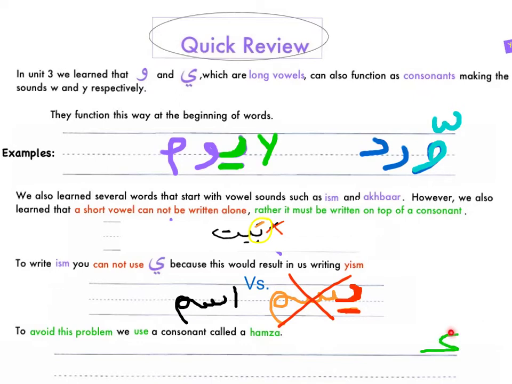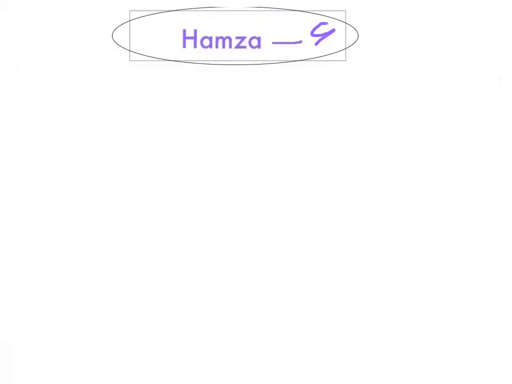And it is written like this, as you see here. So we write the word ism like this. We use Hamza.